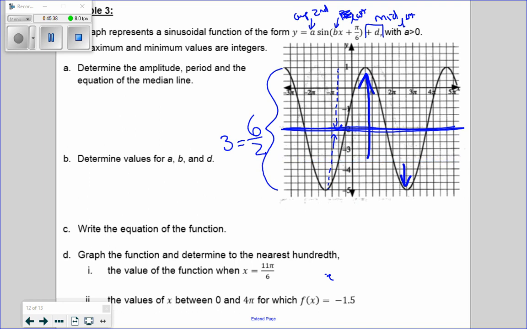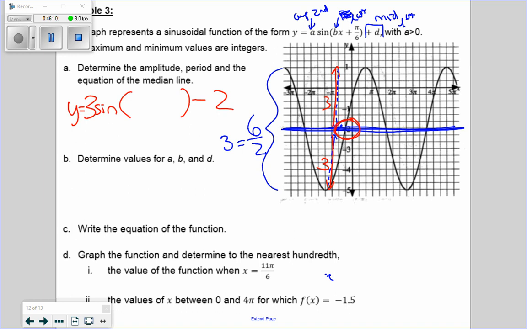When you do it right, it will look pleasing to your eye. So we can see that the midline is at -2. We're going up 3 and down 3, so the amplitude is 3, half the total distance.